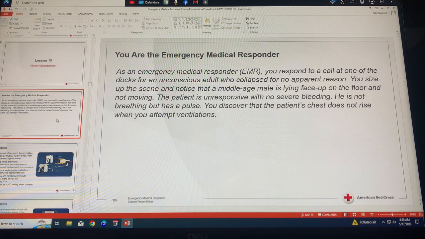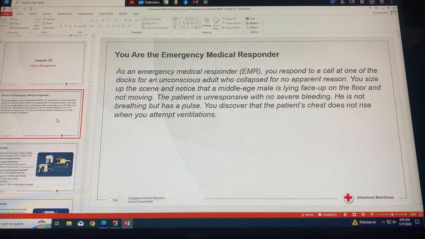Okay, here's a scenario that we will be discussing in person. As an emergency medical responder, you respond to a call at one of the docks for an unconscious adult who collapsed for no apparent reason. You size up the scene and notice that a middle-aged male is lying face up on the floor and not moving.